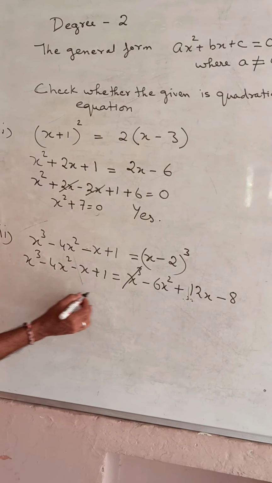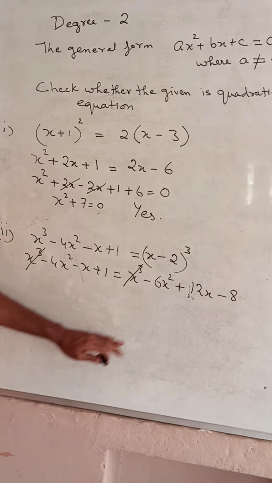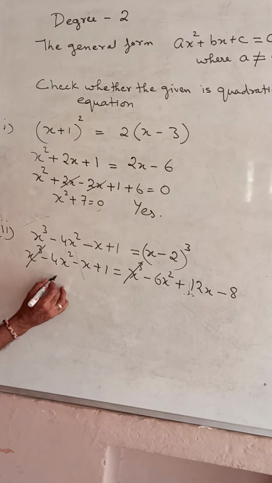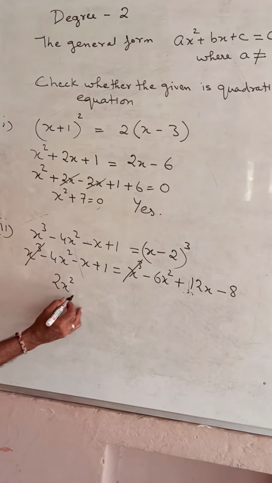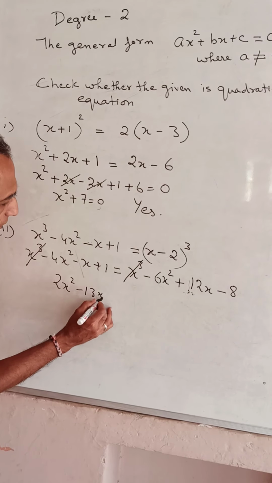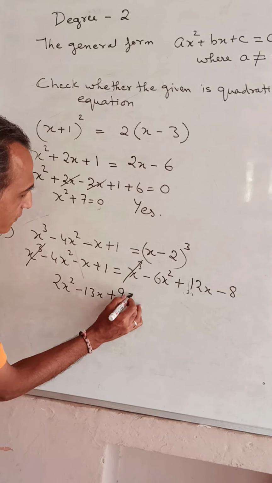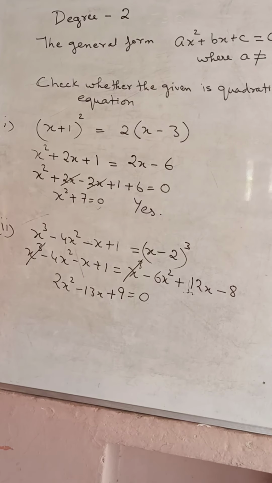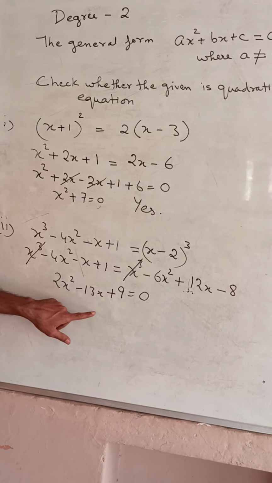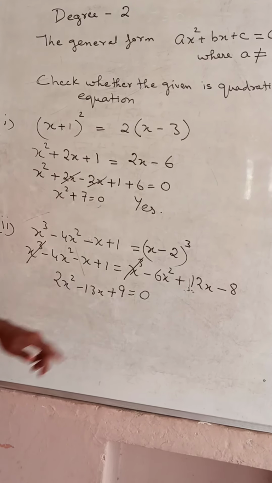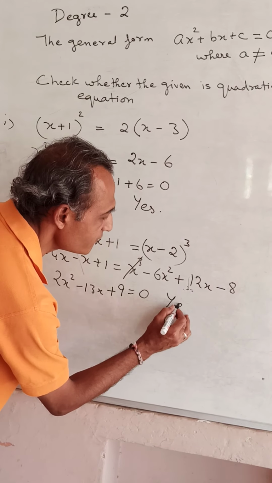You can see x cubed on both sides cancels out. Now when we shift it to this side, I get 2x square minus 13x plus 9 equals to 0. It is of the form ax square plus bx plus c equals to 0. Hence, my answer is yes.